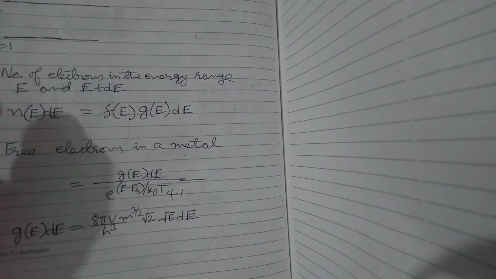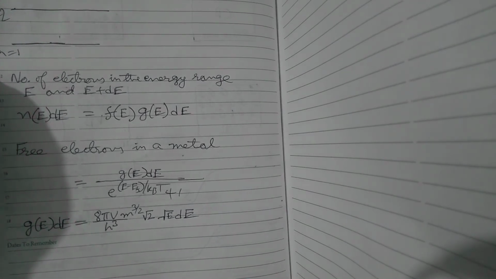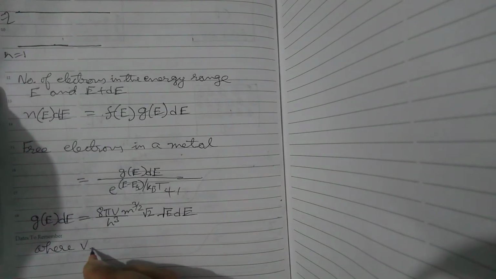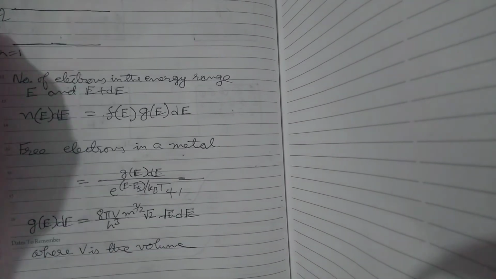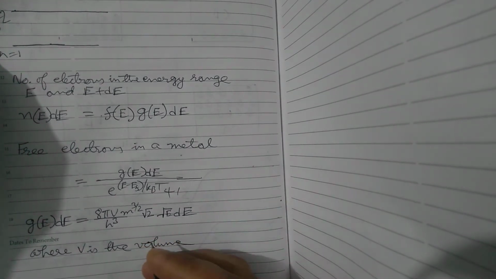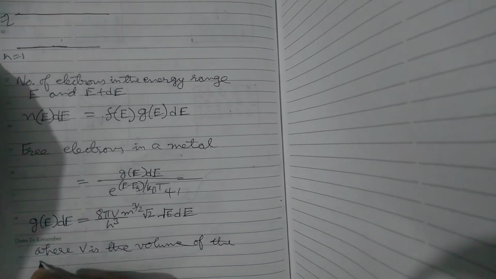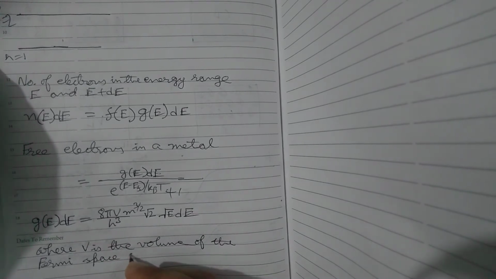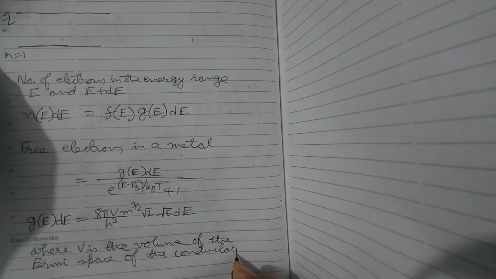Okay, where V is the volume of the free electron gas in the metal, the volume of the Fermi space of the conductor.